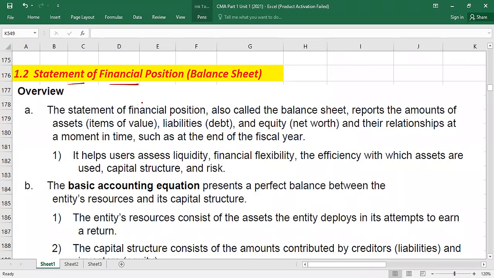It represents the financial position of the business at a specific date. Right or wrong? Like at this date, how much assets you have, how much liabilities you have, or how much equity you have at a specific date.